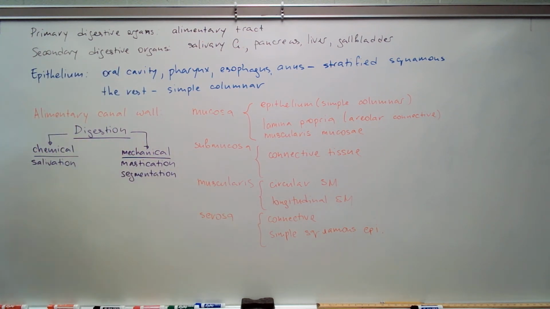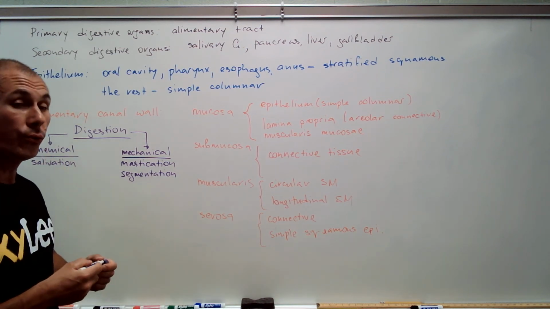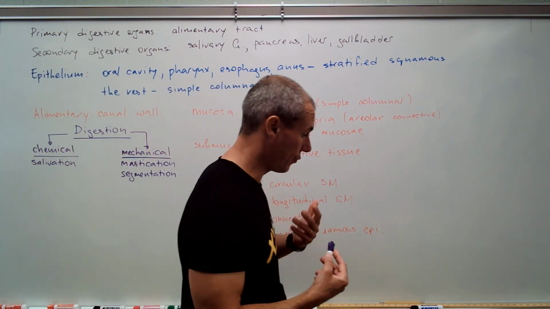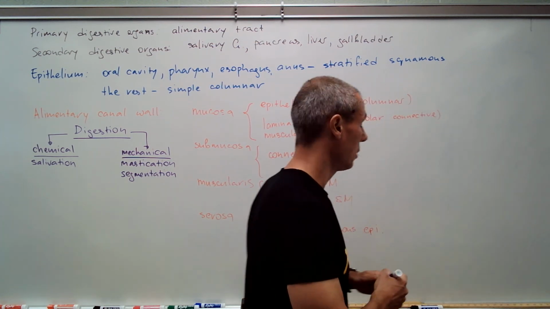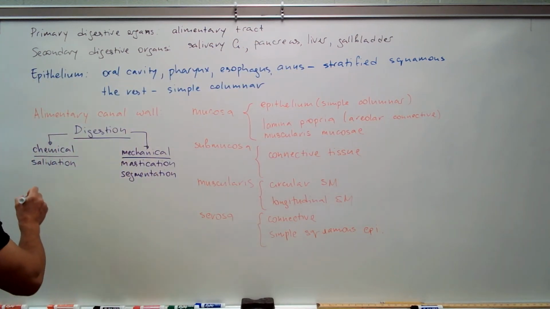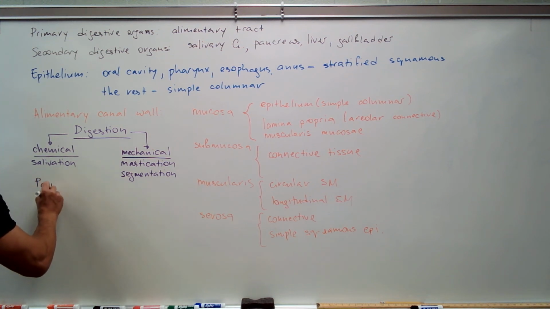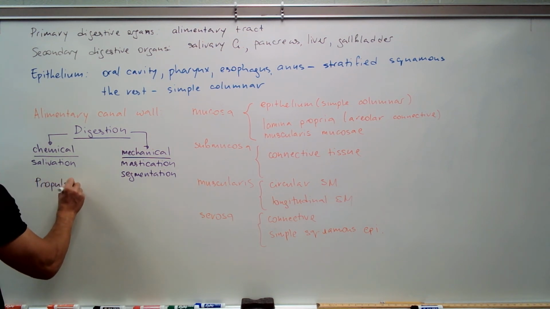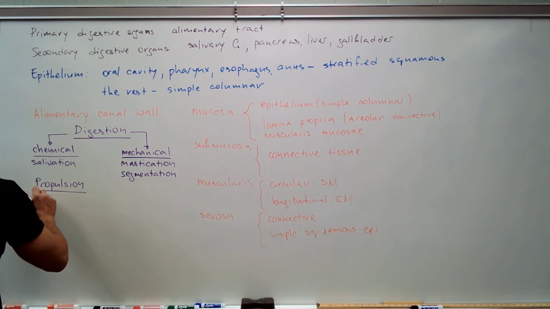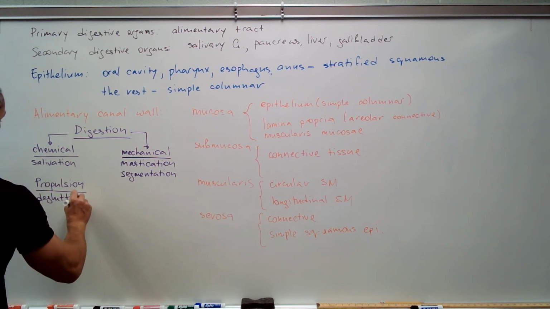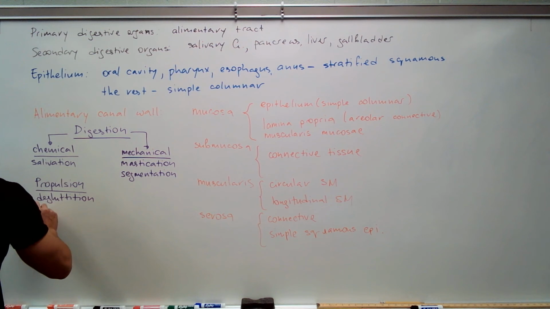Now, couple more things. Technically, you have to think about two more things. First of all, food has to move down the digestive tract. We usually call it propulsion. And propulsion would include two major activities: deglutition and peristalsis.